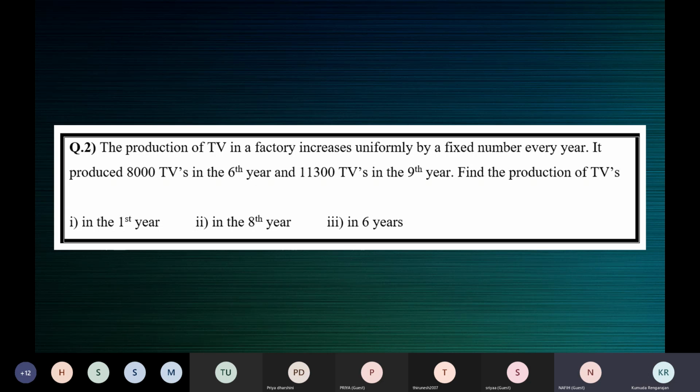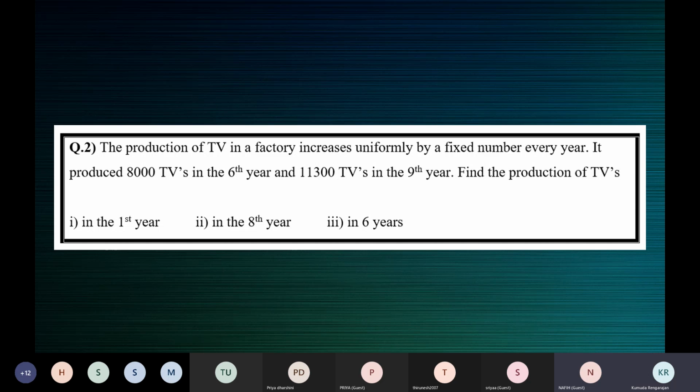So this year 100, next year 110, the year after that 120, after that 130. It produced 8,000 televisions in the 6th year and 11,300 televisions in the 9th year. Find the production of TVs in the 1st year, in the 8th year, and in 6 years.